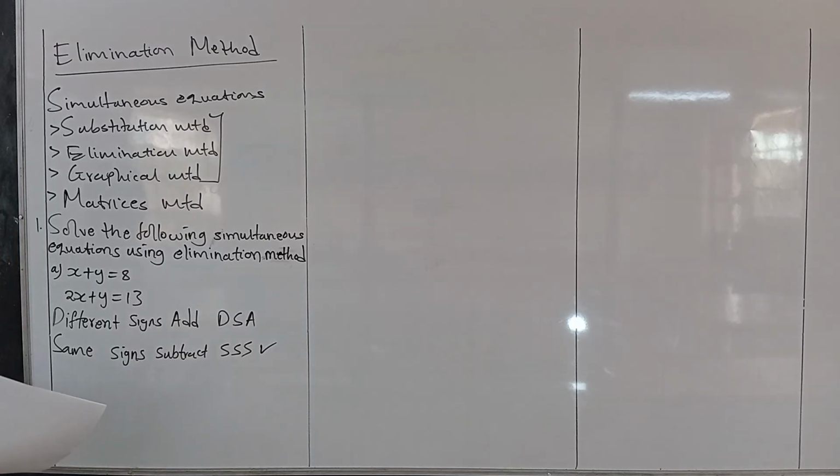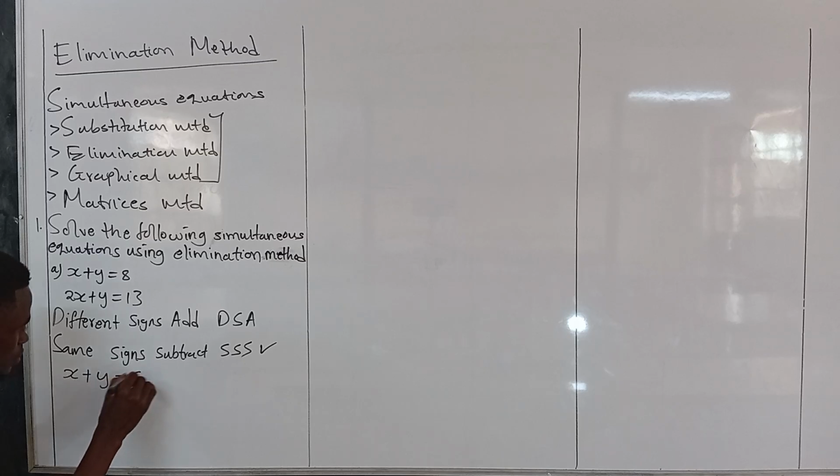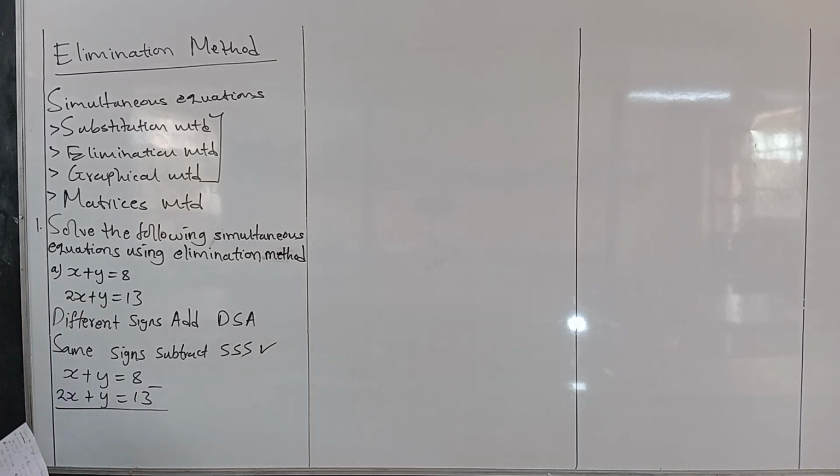We are going to subtract every term in one equation from its corresponding term in the other equation. So we have x plus y is equals to 8, then 2x plus y is equals to 13. Now, the subtracting is going to affect every term in the equation.